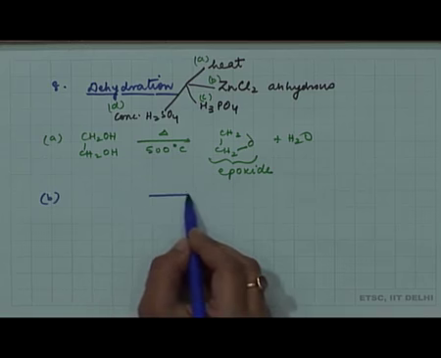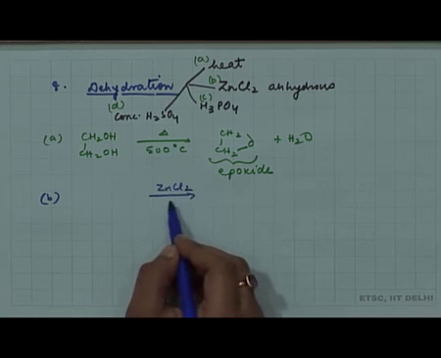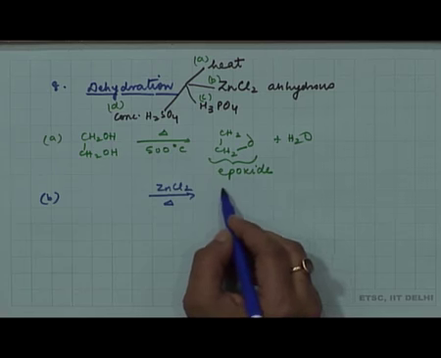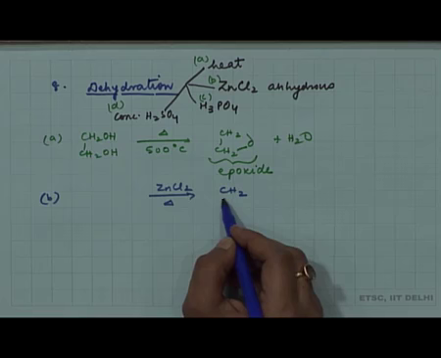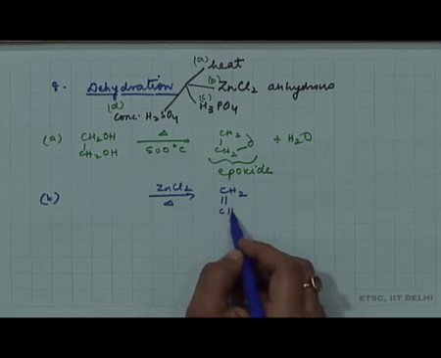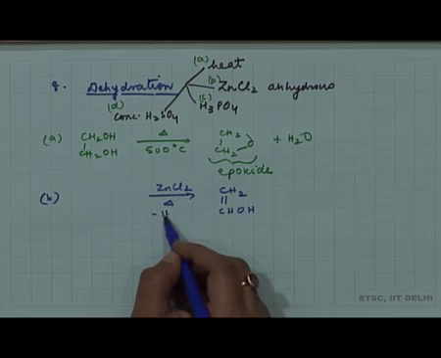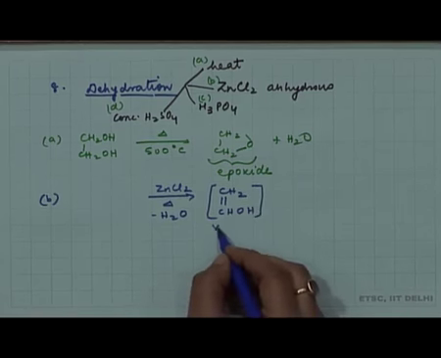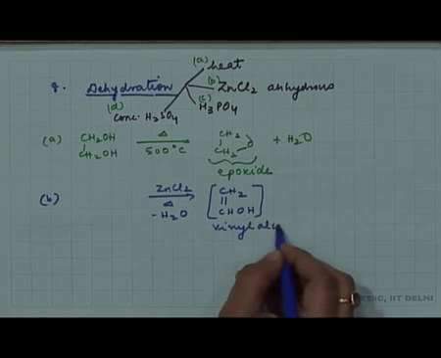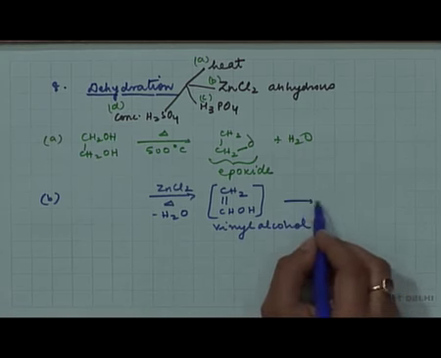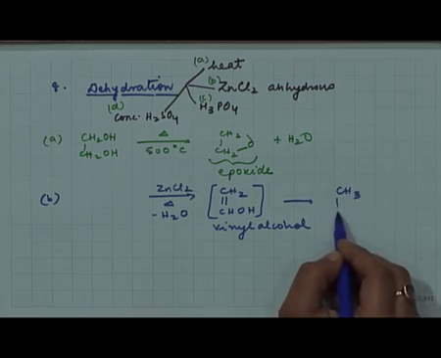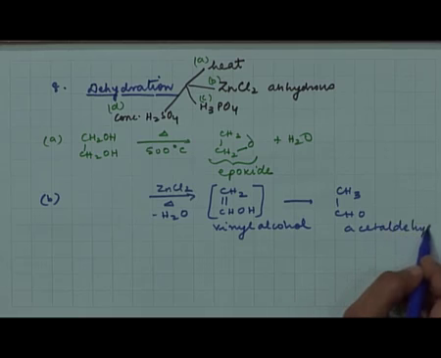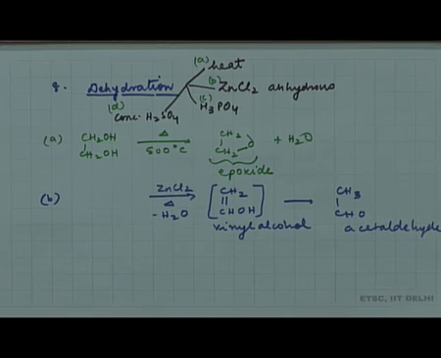If you do the same thing using zinc chloride and you heat it, it again undergoes loss of water, so it gives you CH2=CHOH. Here also all these are dehydration reactions, but happening in different ways, and this gives you vinyl alcohol, an unstable product, and it immediately rearranges to give you acetaldehyde. So, you get acetaldehyde if you carry out dehydration with zinc chloride.